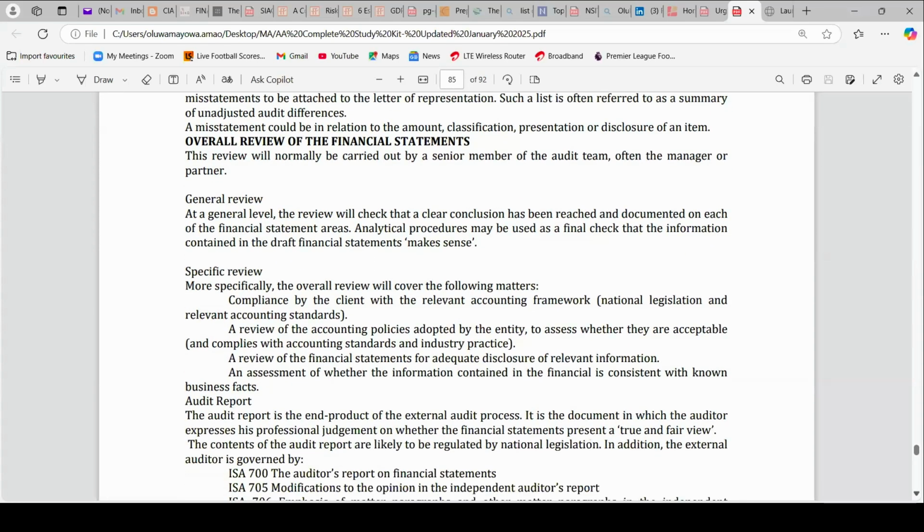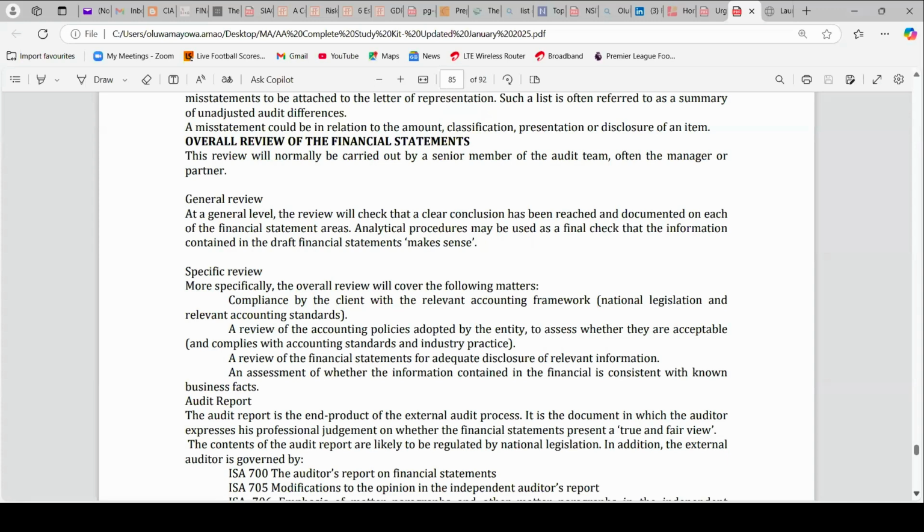The first one is a general review of the financial statement. At this general review level, the auditor will check that a clear conclusion has been reached on all the documented areas of the financial statement. So he's looking at every area of the financial statement. Okay, what are the issues here? I have reached a conclusion with management.